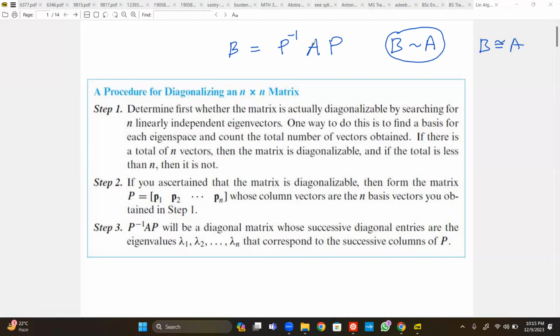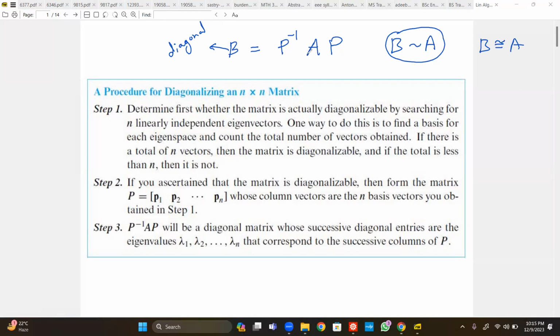In case you are able to find a matrix P so that this B matrix is diagonal, that is, it has non-zero elements only in the diagonal, all the other elements outside of the diagonal are 0.